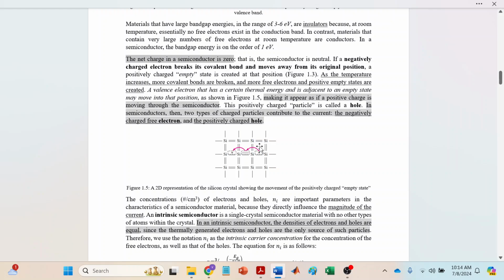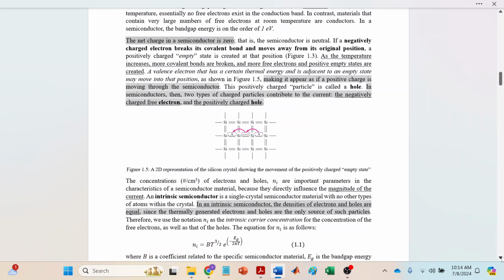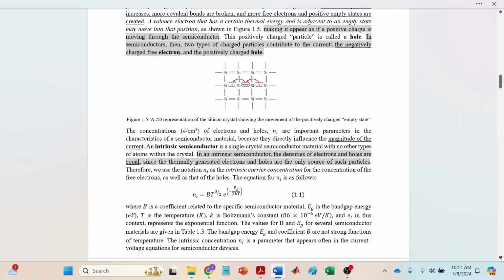So for an intrinsic semiconductor, this is how these two charge carriers are created. The concentration of electrons and holes are important parameters in determining the characteristics of the semiconductor, because we want to know the concentration of electrons and holes that are moving within the semiconductor material, because that will determine the current and the conductivity of the semiconductor material.